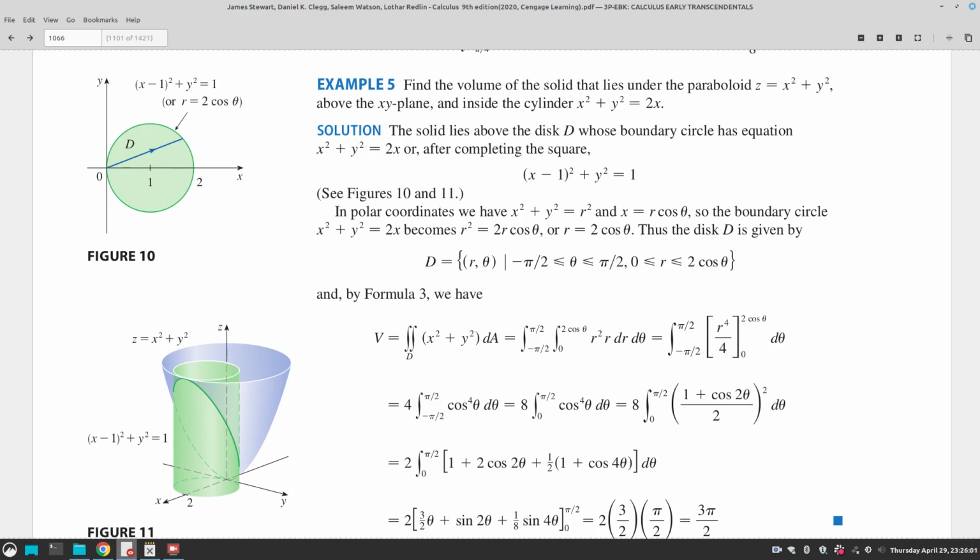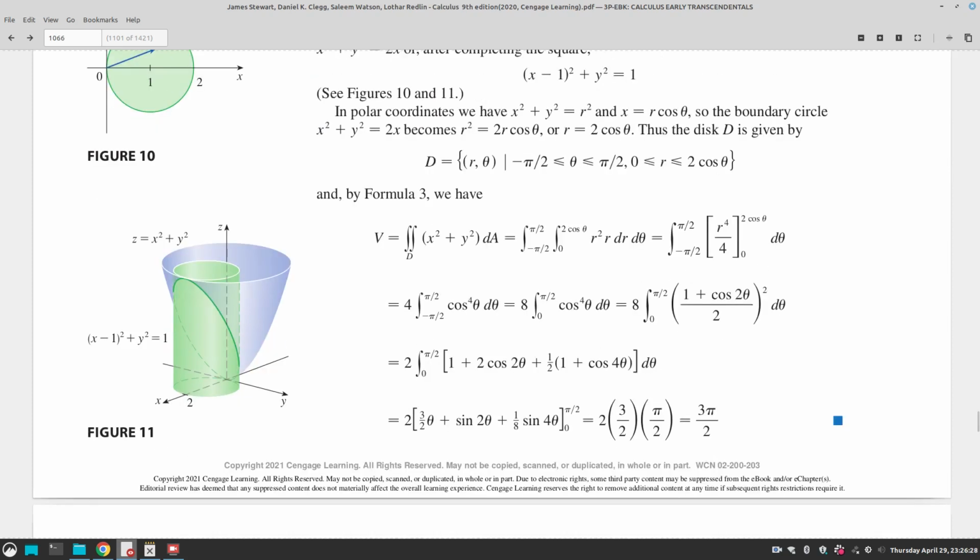And r varies from 0 to 2 cos theta, and theta varies from minus pi over 2 to pi over 2. The tangent to the graph here and the tangent to the graph here. Remember, this is made up of two semicircles, so there's a different tangent here and a different tangent here. So go from minus pi over 2 to pi over 2, and you do the integration.